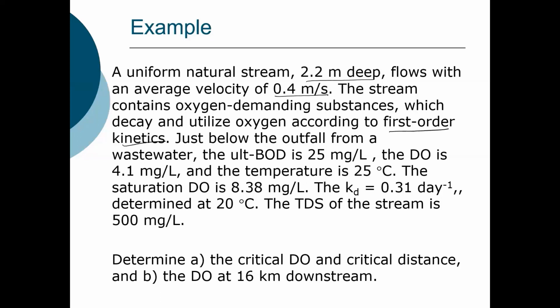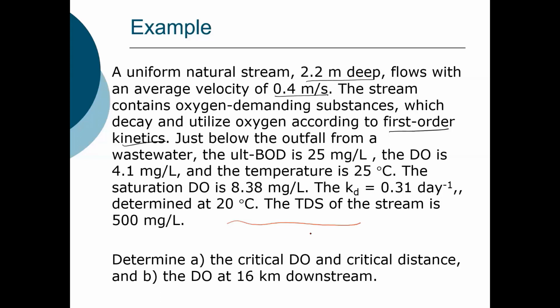So just below the outfall from a wastewater treatment plant, the ultimate BOD is 25 milligrams per liter, and the dissolved oxygen is 4.1 milligrams per liter. The temperature is 25 degrees C.